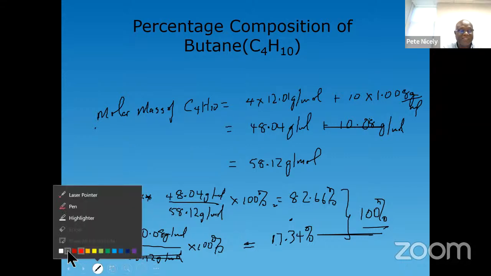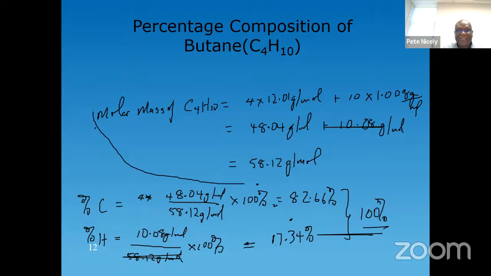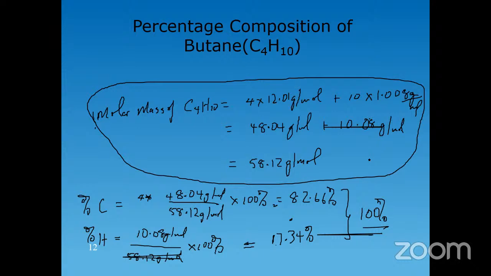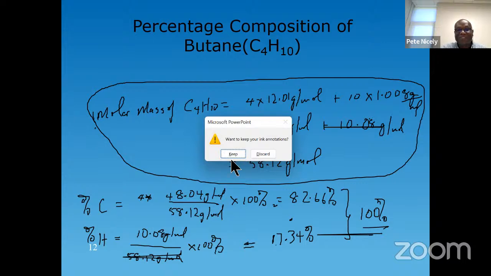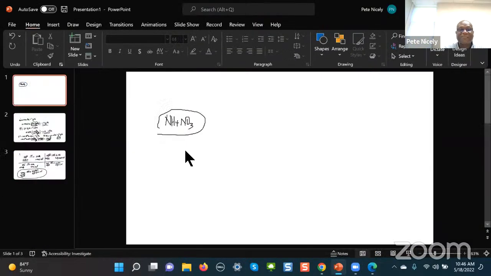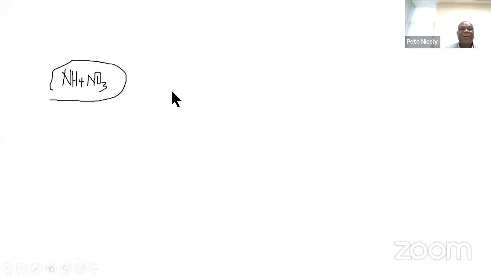Let me circle the part that's important. Right here. You remember how we did that? Okay, so it's basically the same thing. Different compound, but the same process. So let's go back to this here. How would you determine the molar mass of this compound?